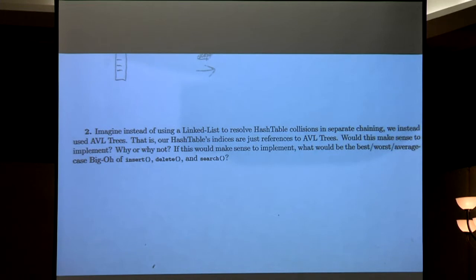Because order 1 could just be one step, but log n could be 2 steps, and that could make a little difference. Use that logic whenever we consider big O. Yeah, but remember the parent data structure is a hash table in this case. So if we have a good hash function, then each sub-data structure is going to be really small.